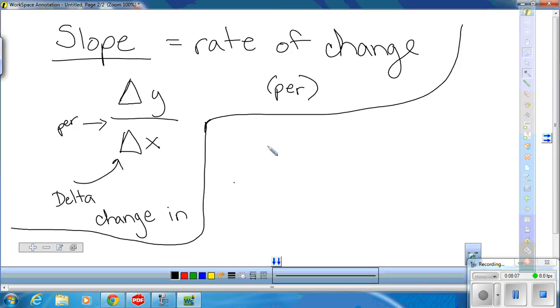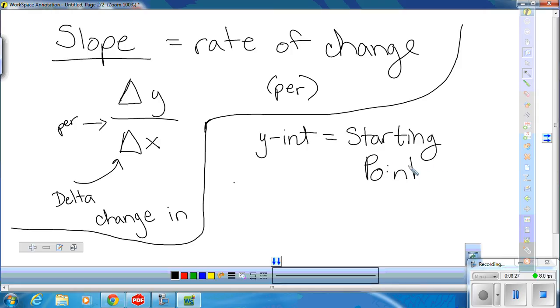Something else that we talked about when we did our story graphs was that on our story graphs, the y-intercept, because x was usually time, and time starts at 0, we don't usually talk about negative time and stuff like that, our y-intercept was always our starting point. So our y-intercept is always our starting point, and our slope is always our rate of change.